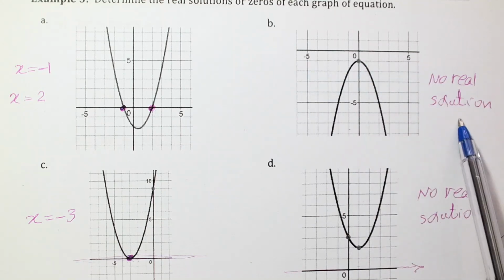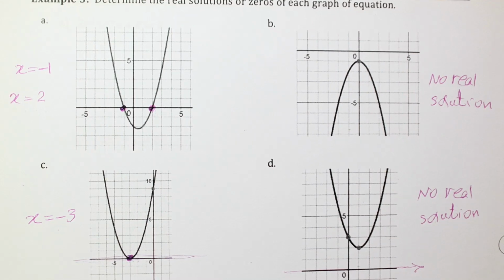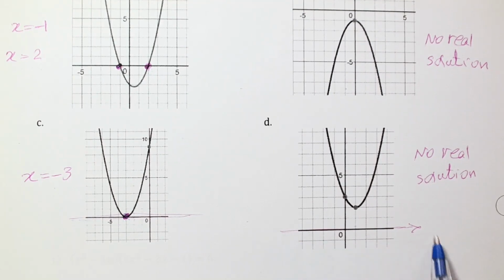In this case we say the quadratic equation doesn't have any real solution, doesn't have any zero or root. Part D as well, our graph doesn't touch the x-axis. So it means there is no real solution, or we don't have a zero or root.